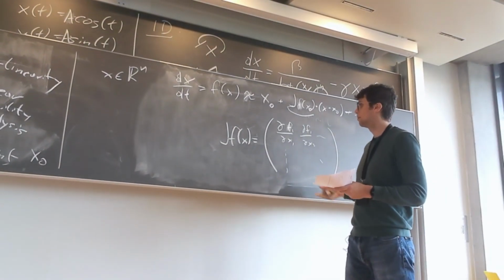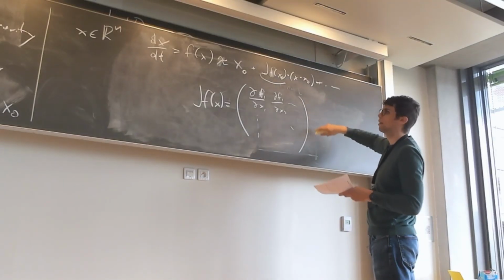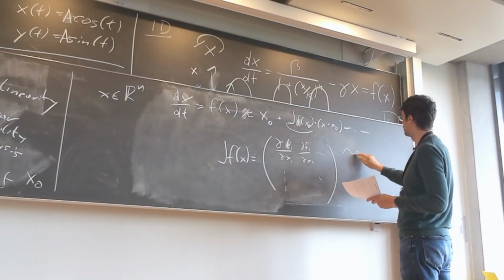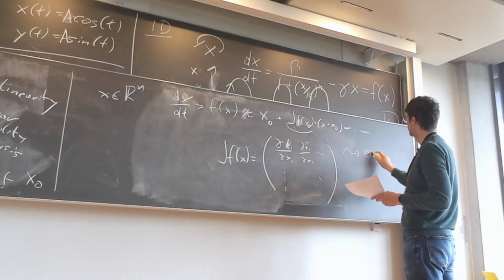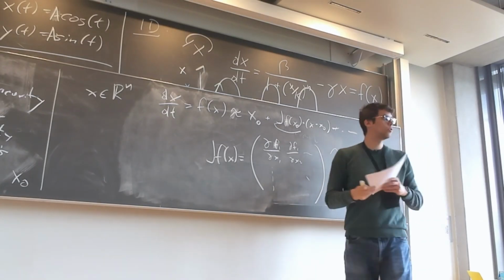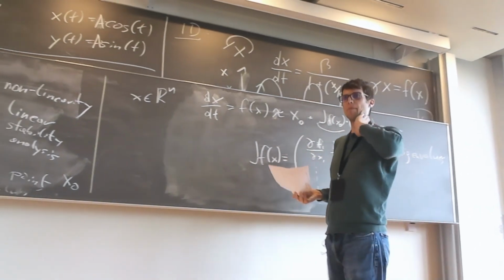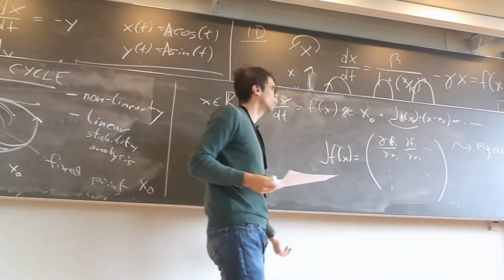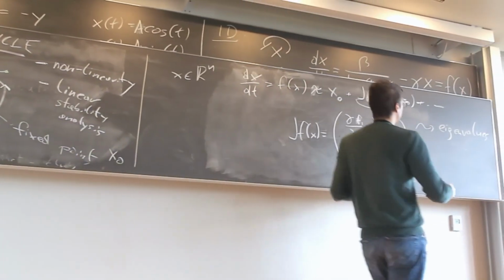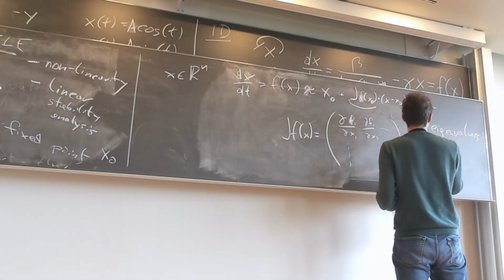And given that this now is a matrix, you can analyze this linear system, which you do by calculating eigenvalues. If you're not too familiar with them, some of you are, I guess, we added a small primer about how to calculate eigenvalues on the website. And if you look at these eigenvalues, you see the following rules appearing.